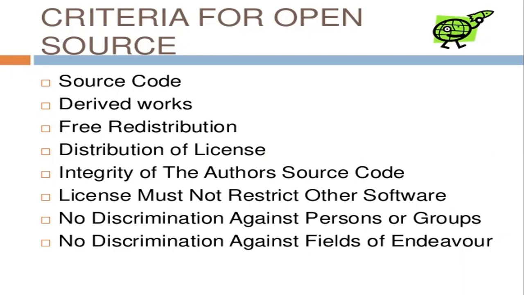The license must not place restrictions on other software that is distributed along with the licensed software. For example, the license must not insist that all other programs distributed on the same medium must be open source software.